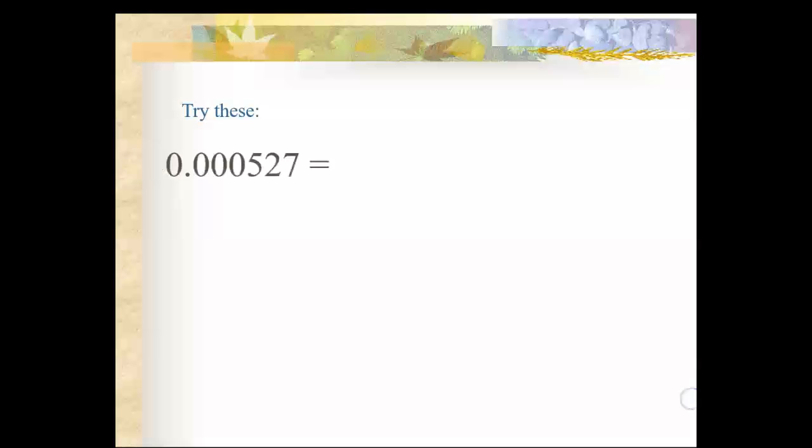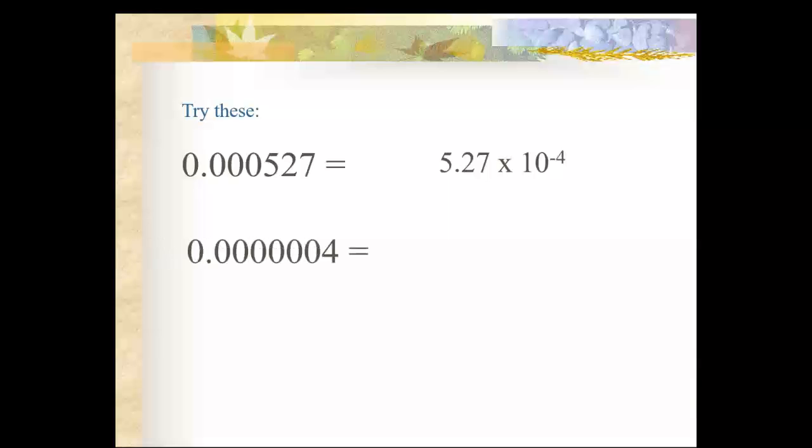Try some more. Oh, look at those zeros after the decimal point. Isn't that a headache? 5.27 times 10 to the negative 4th. You had to move the decimal point 4 places to the right. Oh man, you count those zeros.